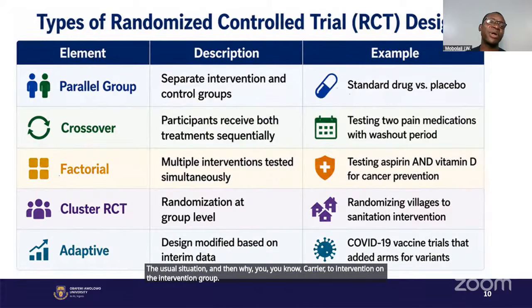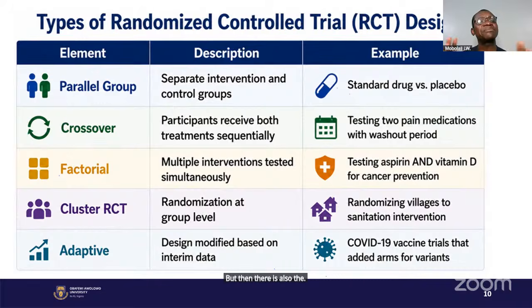So that is parallel. But then there is also the crossover design in randomized control trial. And of course, this is peculiar to some disciplines. It's not in all disciplines. For example, if one is dealing with research that has to do with therapeutic investigation, one might have to look at the crossover approach.